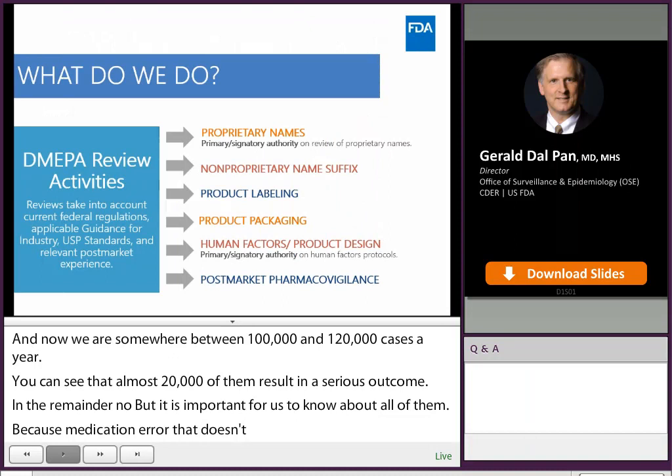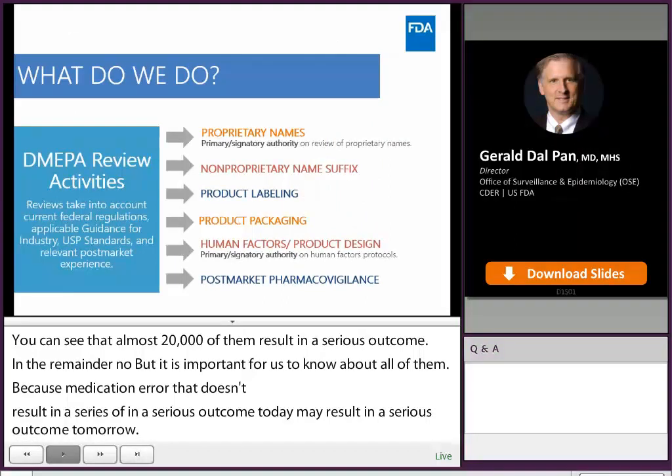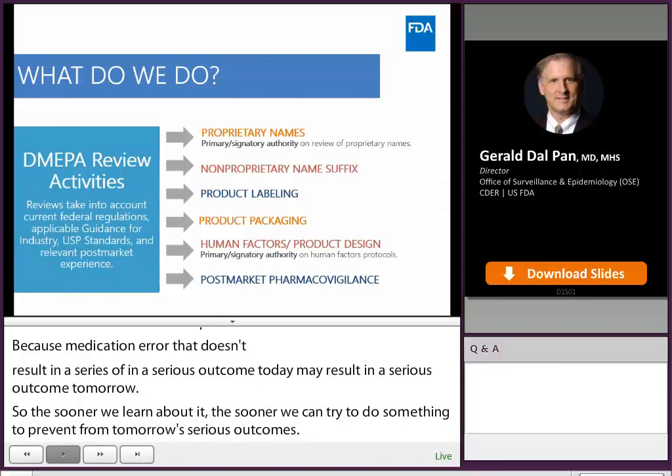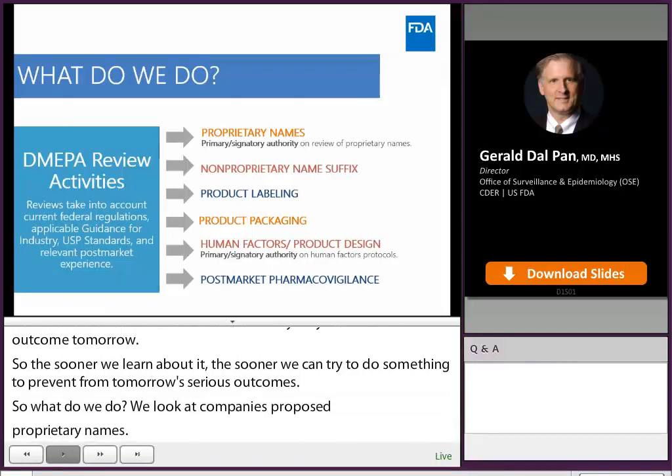outcomes. So what do we do? We look at companies' proposed proprietary names, and we in OSE are the primary or signatory authority on the review of those names. We look at the non-proprietary name suffix for biological products. We look at the product labeling, instructions for use, medication guides, and container labeling.